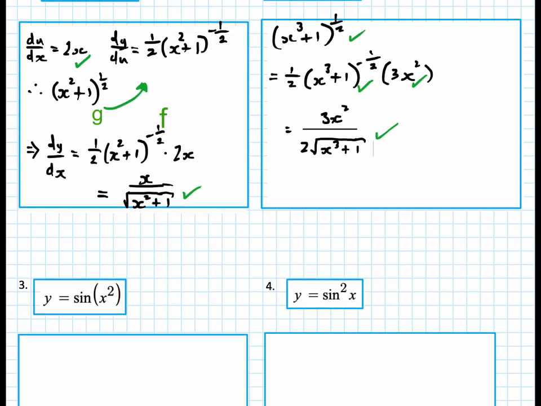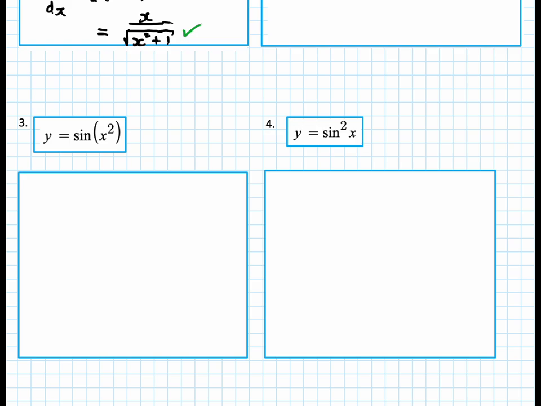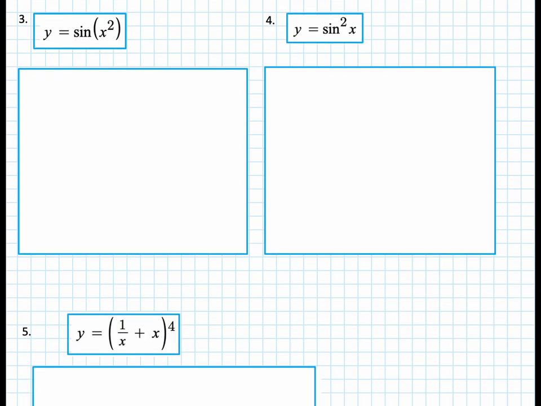Now we'll go into a little bit more based on the trig ideas, just showing the difference between two ideas here. So we have sine, and in brackets we have x squared. Just doing this straight now, dy over dx. The derivative of sine is cosine. The inside part, the derivative of x squared, is 2x.